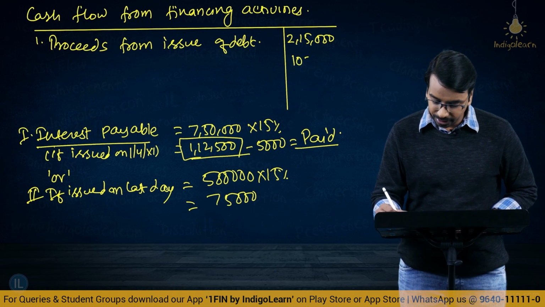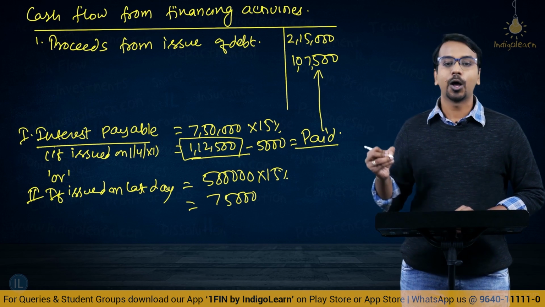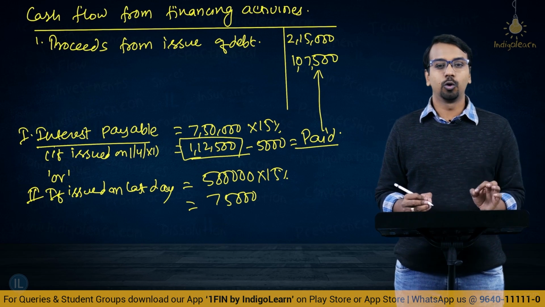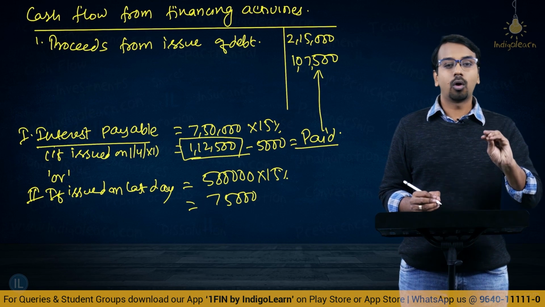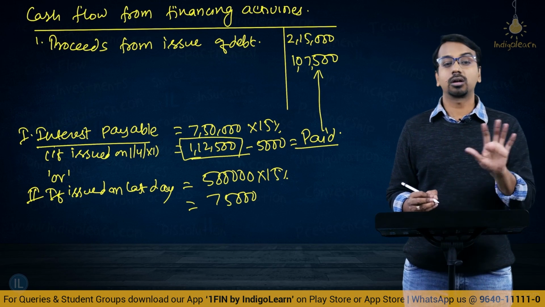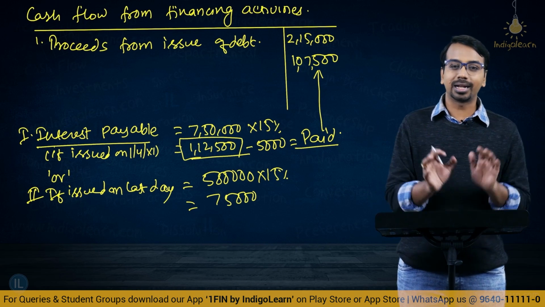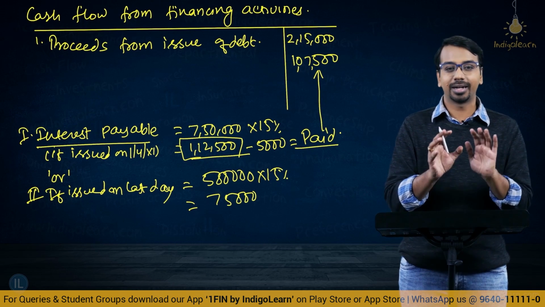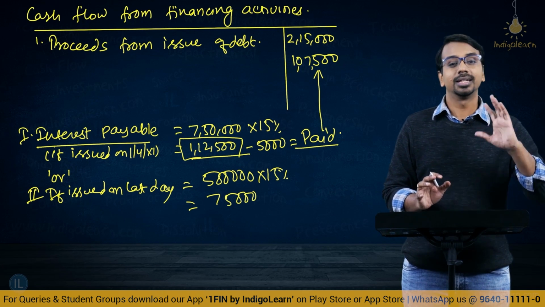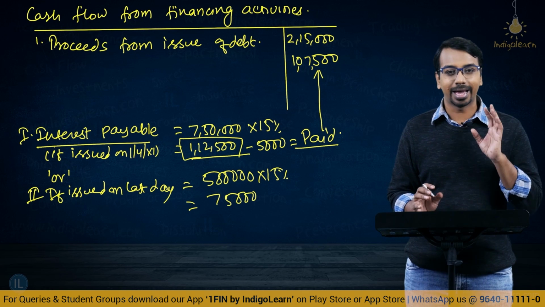So interest paid is 1,07,500. In cash flow, you will only consider the cash outflow, not on accrual basis. Just think this is cash based accounting. We are only considering cash related items, because cash flow means there is an inflow or outflow of cash, right?